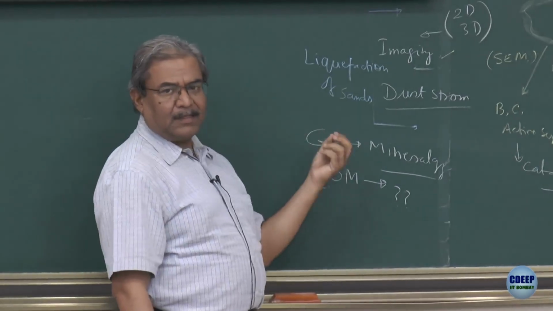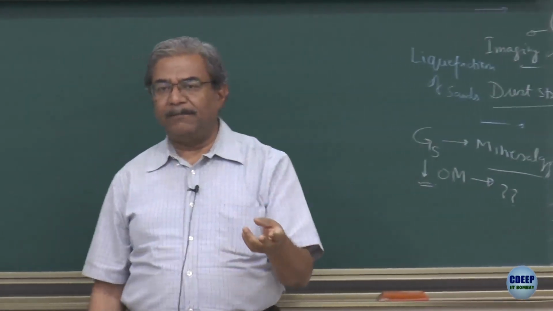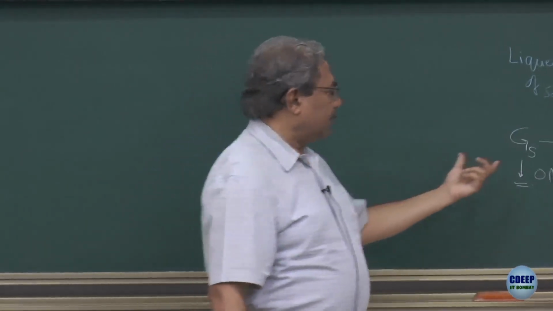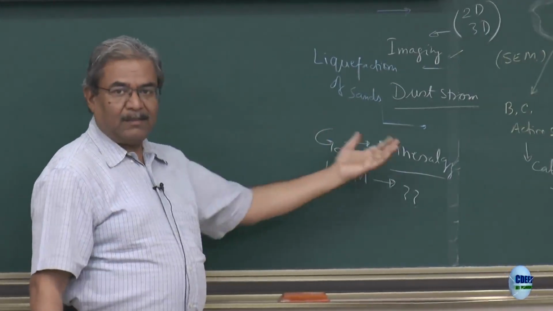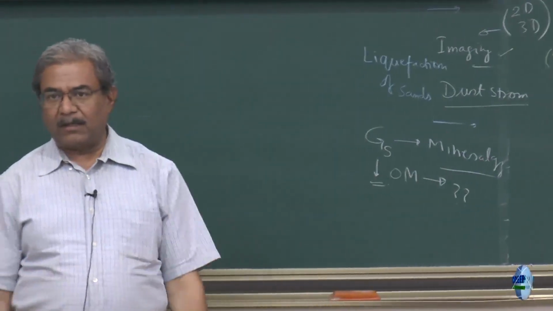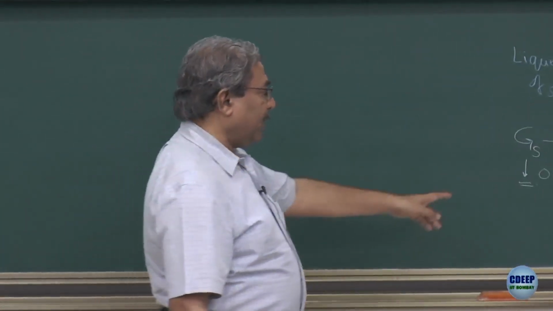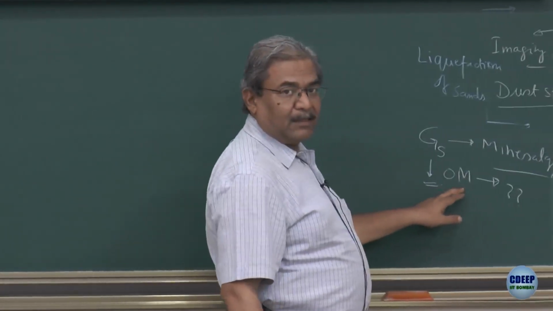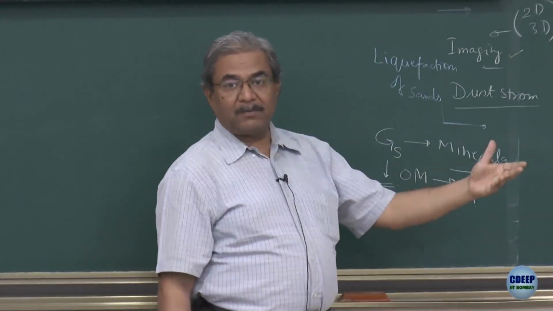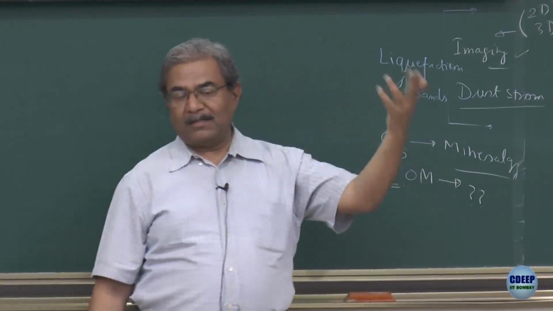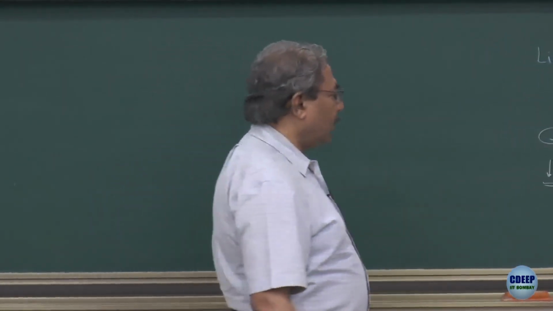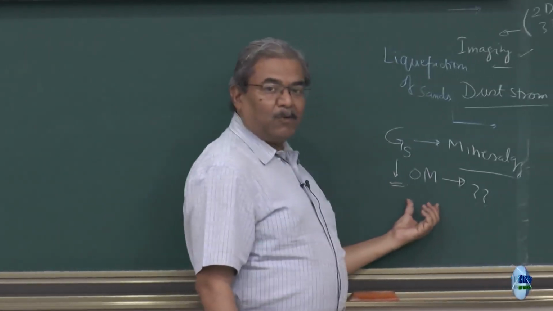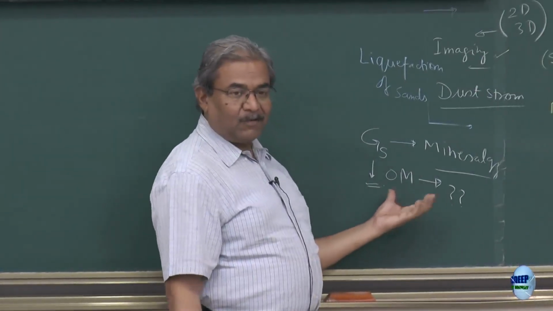Simple test, take the sample, find out its mineralogy, correlate it with the specific gravity. Specific gravity is very easy to find out, and see whether these two are matching with each other or not, getting correlated or not. And this will also give you an idea about organic matter. The more the organic matter, more the problems. Decay will continue for several years. So, whatever structures we are going to make on the soils which are having more organic matter, what will happen?